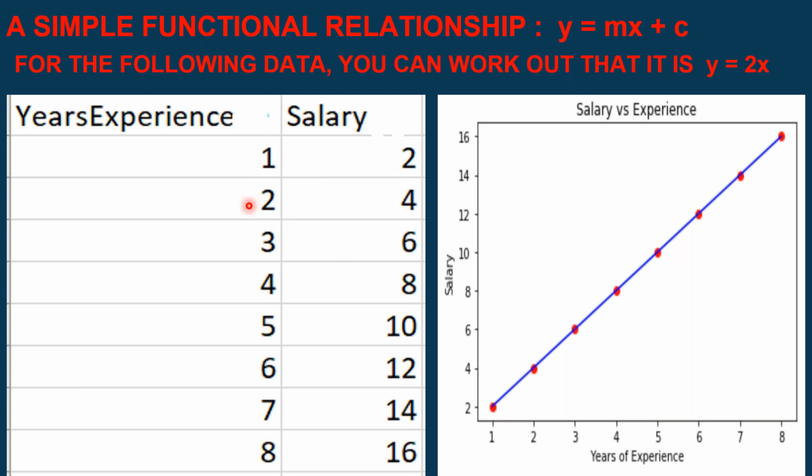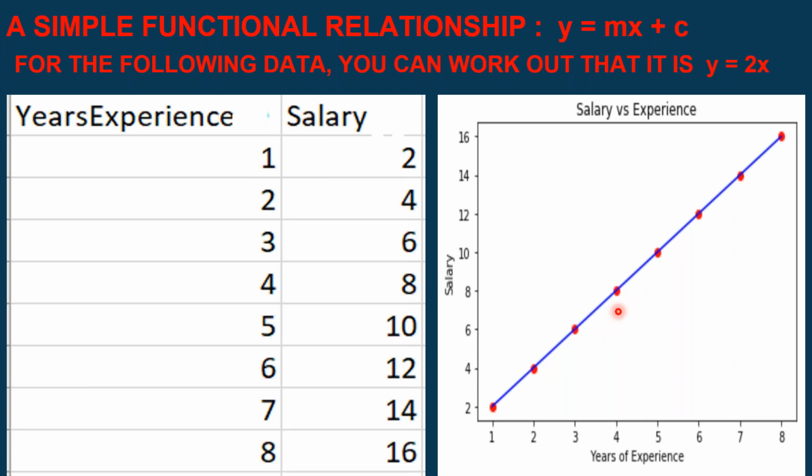Then when x is 2, y is 4. Take x equal to 2 here, y equal to 4 here. You draw one perpendicular and another line parallel to the x-axis, a horizontal line. This vertical line and horizontal line will meet at this point, and similarly you get all other points.